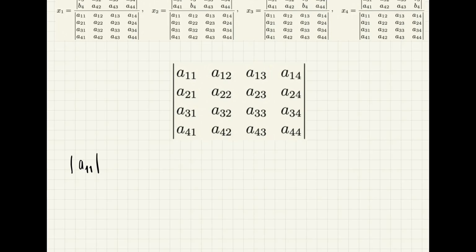Yes, you're right. To define a 2 by 2 determinant, I started by considering a system of two equations in two unknowns, and to define a 3 by 3 determinant, I started by considering a system of three equations in three unknowns. So, to define a 1 by 1 determinant, a natural starting point, I would say, is to consider a system, if I can call it a system in the first place, of one equation in one unknown, right?